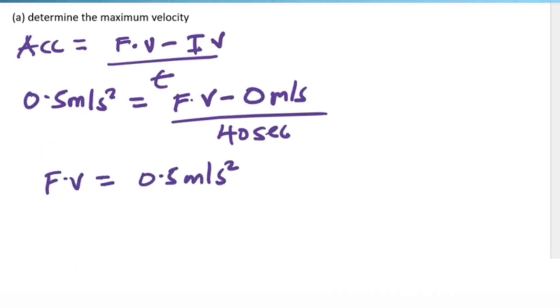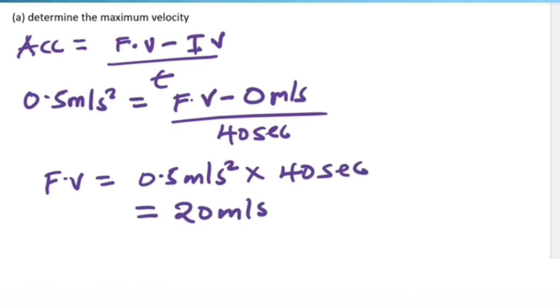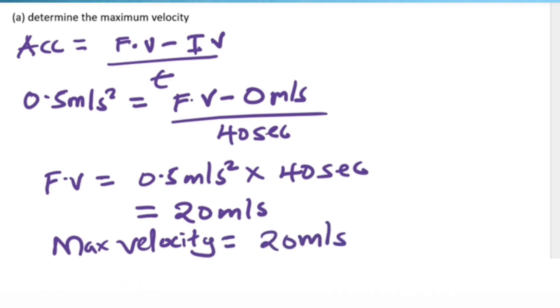So therefore final velocity will be given by 0.5 meters per second square times 40 seconds, and that gives you 20 meters per second. That therefore means the maximum velocity was also equal to 20 meters per second.